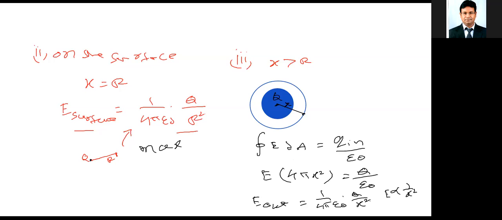Are you getting me? Right. Now I can draw a graph which is called the electric field distance graph, or simply the E-x graph. Let's see how it looks. We have a y-axis and an x-axis, and on the x-axis we take the distance from the center as x, and on the y-axis the electric field.